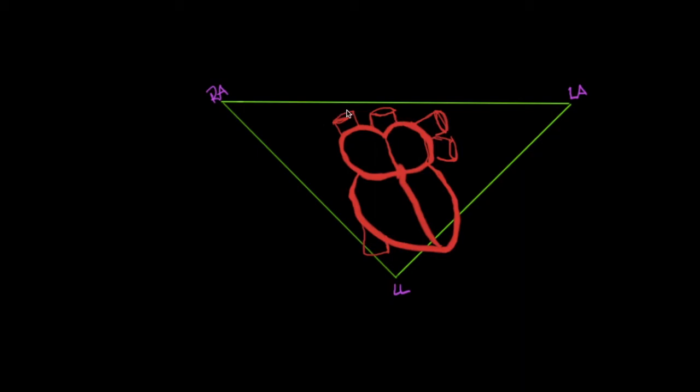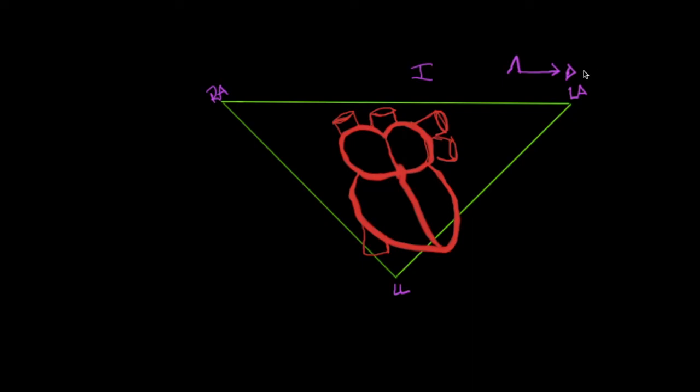So for now, let's think about what these sides of our triangle are labeled as. This top piece here is going to be lead 1. If I was looking over here and I had a waveform that was heading this way, it would be positive.